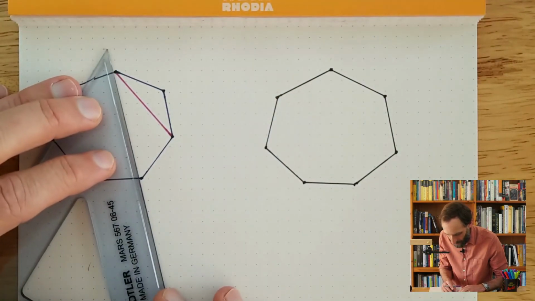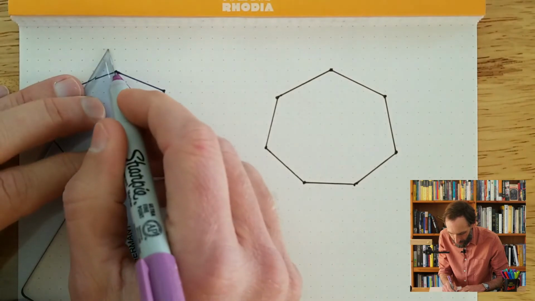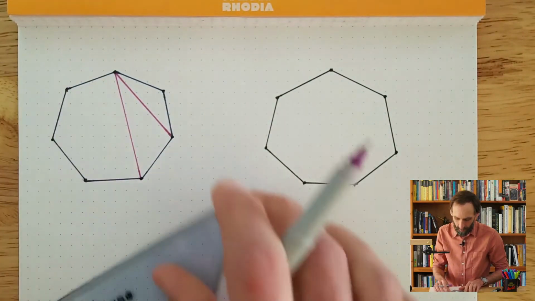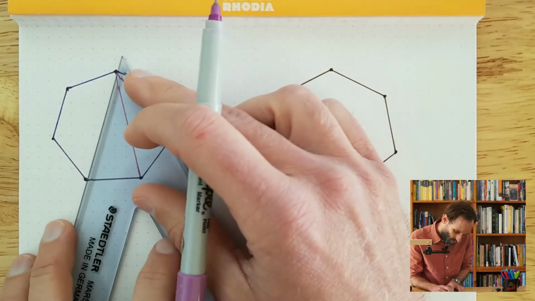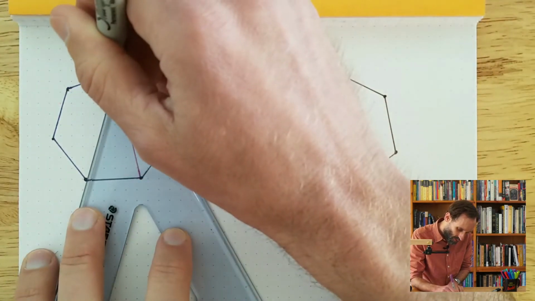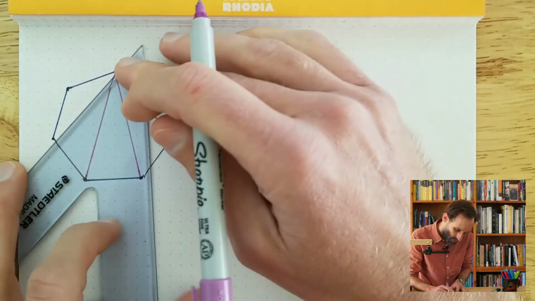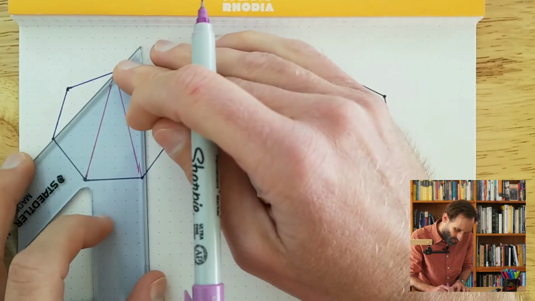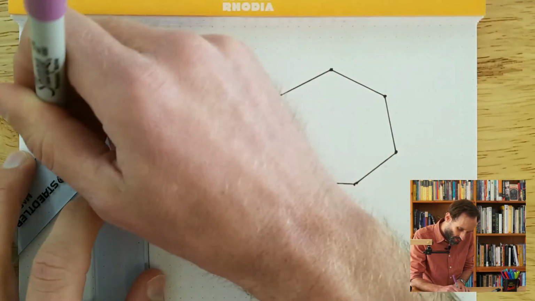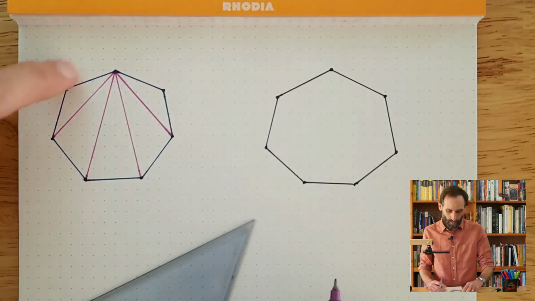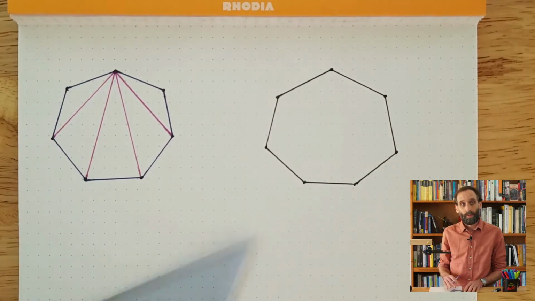Let's draw another line from here down to here. Then let's draw a line to this vertex here and another line to this vertex right over here. Of course, we don't draw a line there because that one's already there.